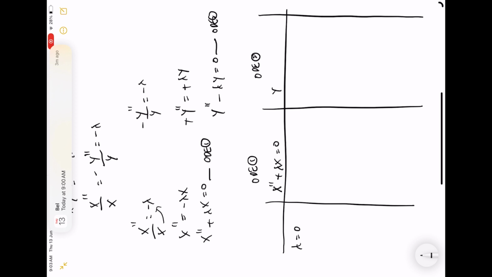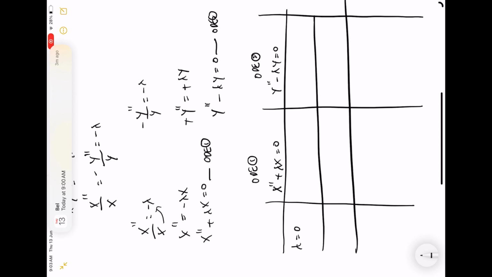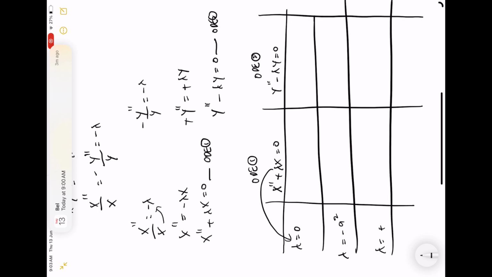This one is y double prime minus lambda y equal to 0. Okay, then you apply these 3 cases. Lambda equal to, just replace this with 0, and then negative a squared, and then after that lambda is equal to positive a squared.